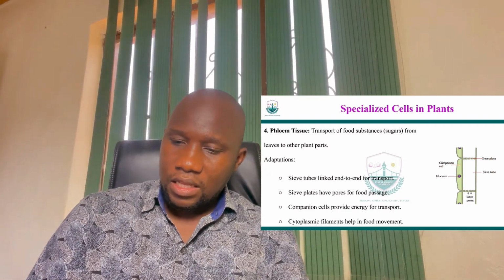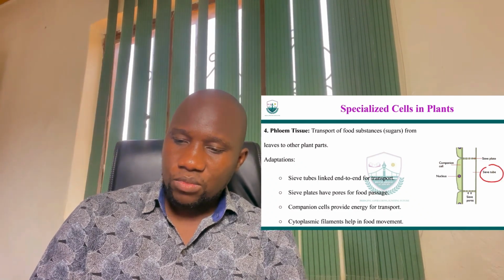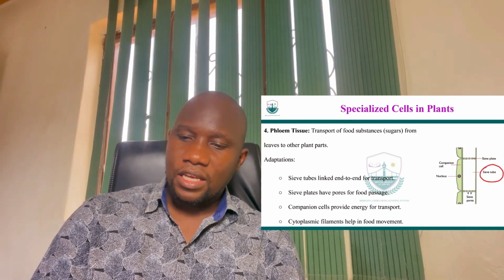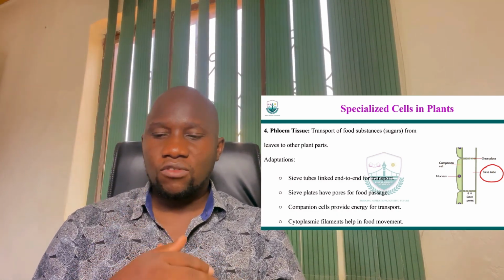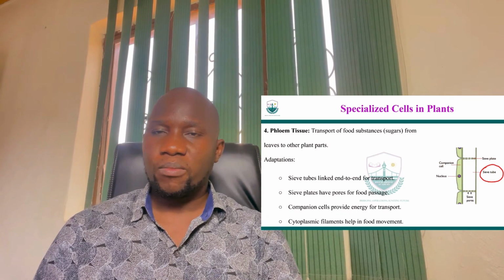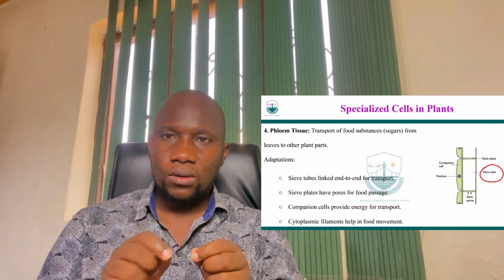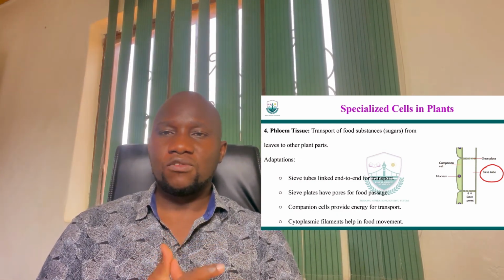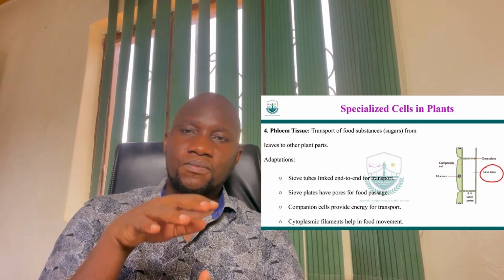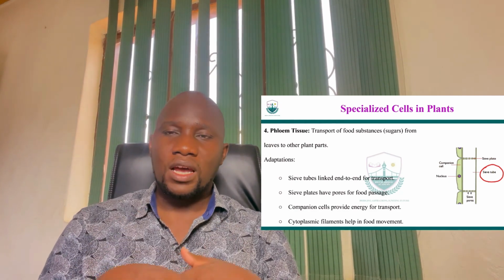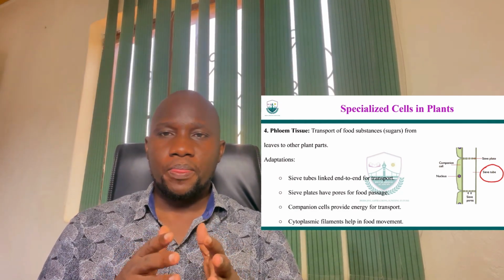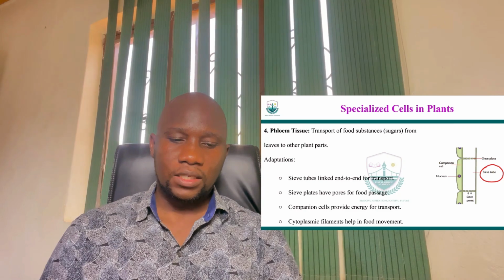You can see that the sieve tube is here, and in between, at different levels, you have what you call sieve plates, which have holes that we call the sieve holes. So it is through these sieve tubes that you can have this food being transported.